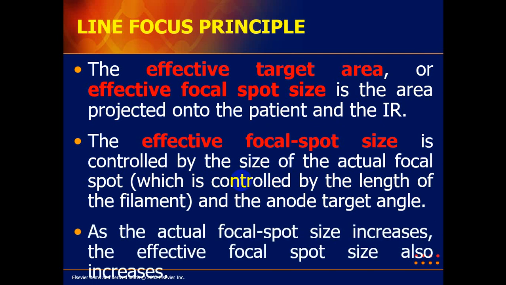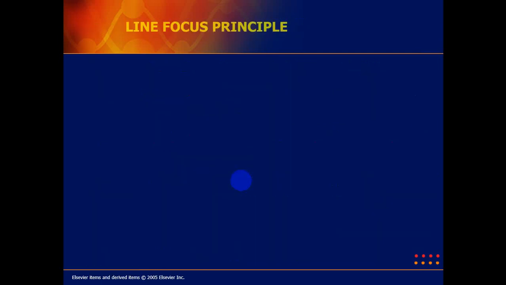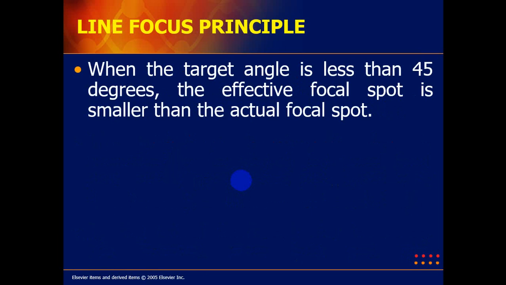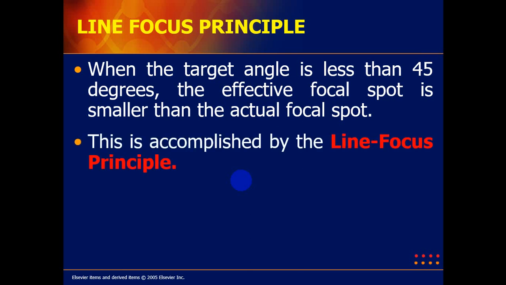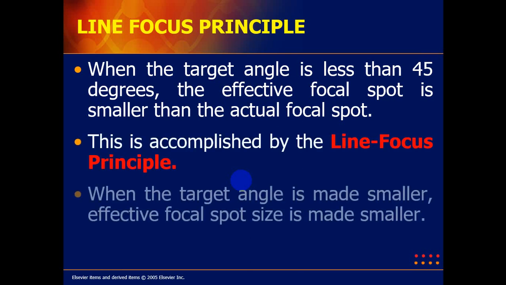As the actual focal spot size increases, the effective focal spot size also increases. So when the target angle is less than 45 degrees, the effective focal spot is smaller than the actual focal spot. This is accomplished by the line focus principle. So when the target angle is made smaller, the effective focal spot size is made smaller.